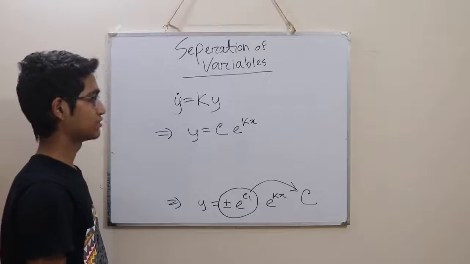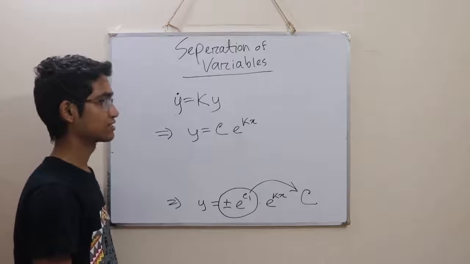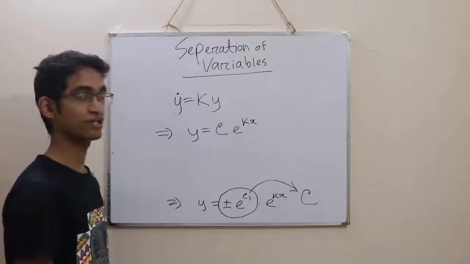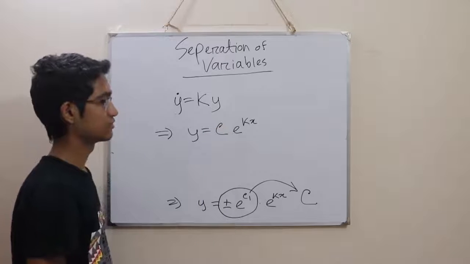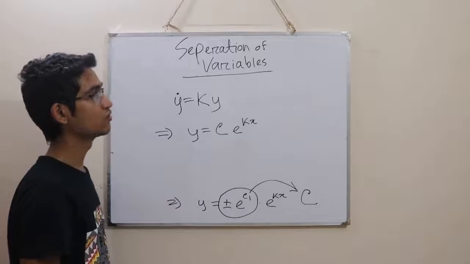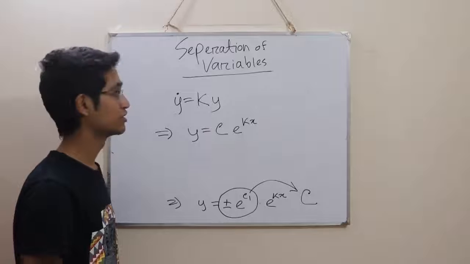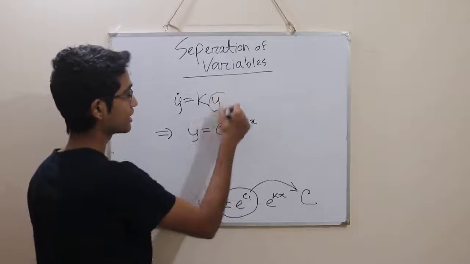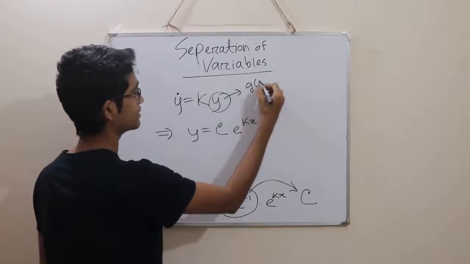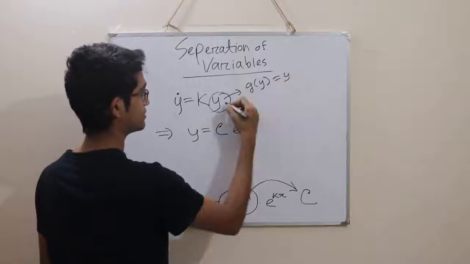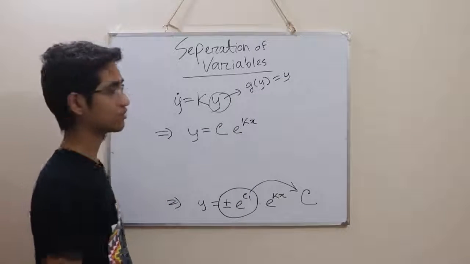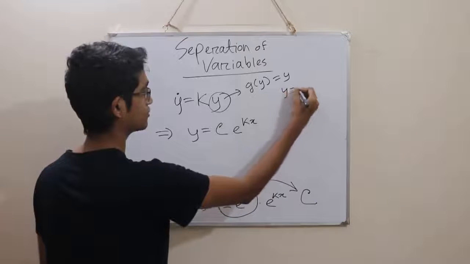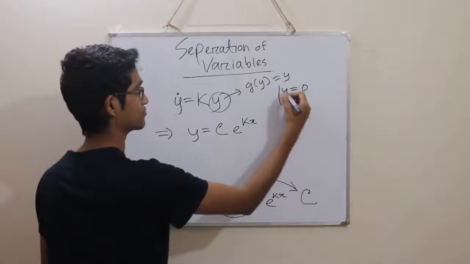Now the issue here is that some of you must already have noticed. It seems as if there was no lost solution in this equation, because the term g of y here is equal to y. This is the g of y. Now if we want to find the roots of g of y here, the only root would be y equal to 0.